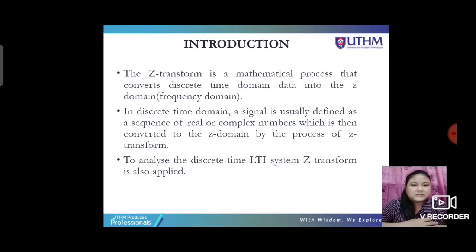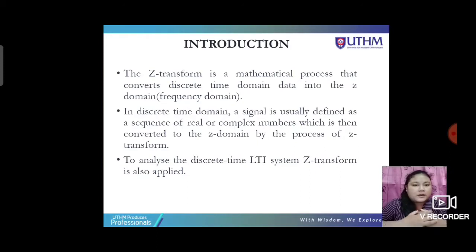So, as we can see, in this assignment we apply the knowledge that we have learned in the subject of digital signal processing. In this assignment we applied chapter 5, which is the Z transform, and chapter 6, the digital filter. So what is Z transform?